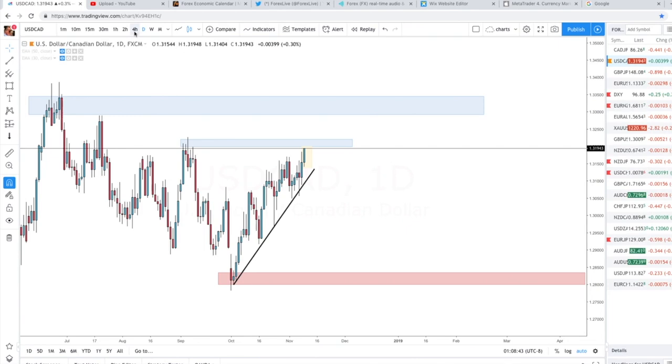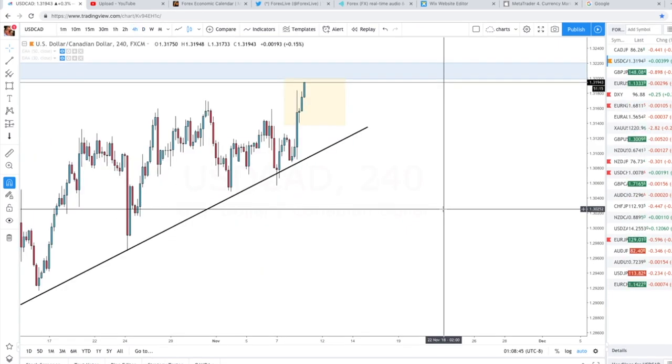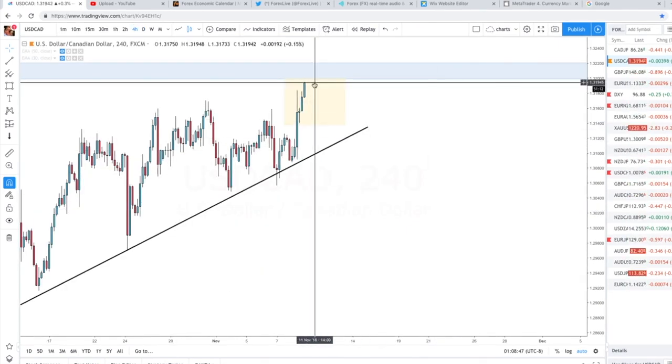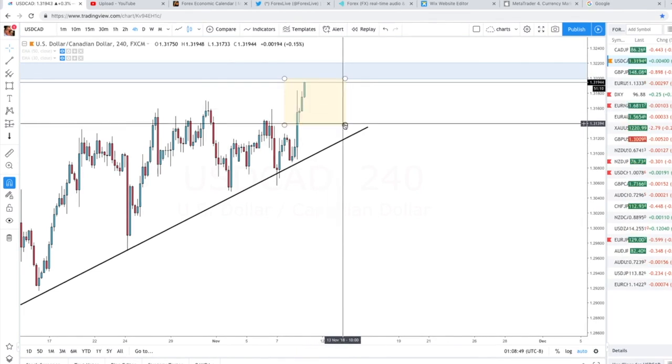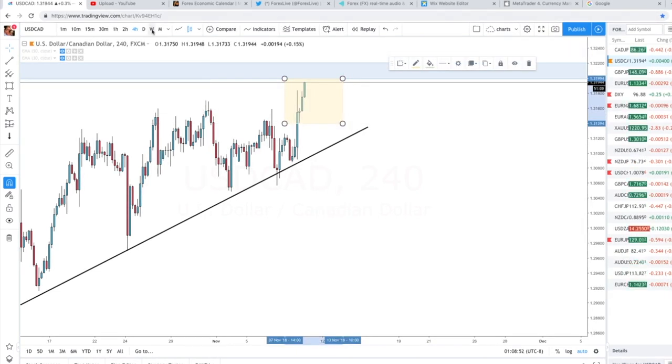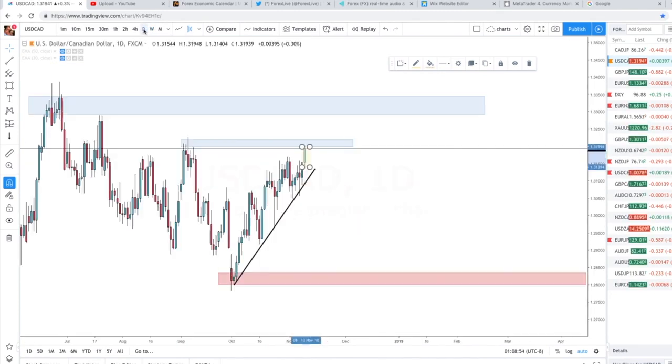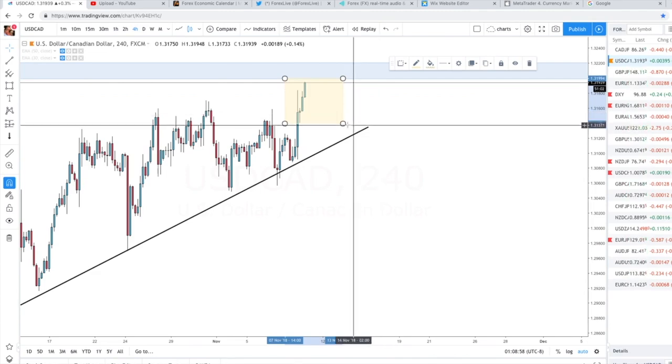And let's see what it's like on the 4 hour. Okay. So that's why we want to take entries on the lower time frame, but we want to look at the higher time frames to see the strong movement and the strong trends of what's actually going to happen to price.